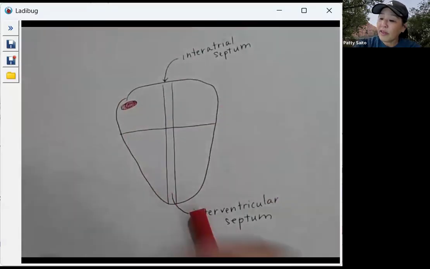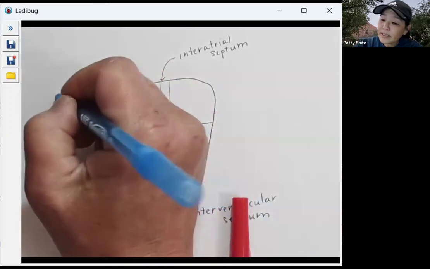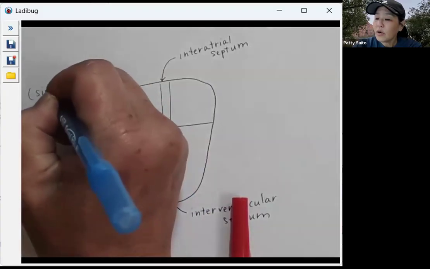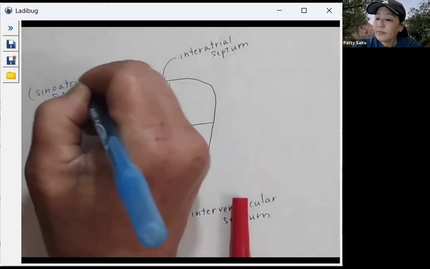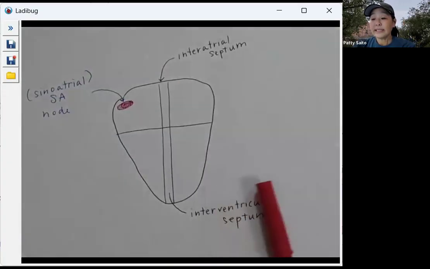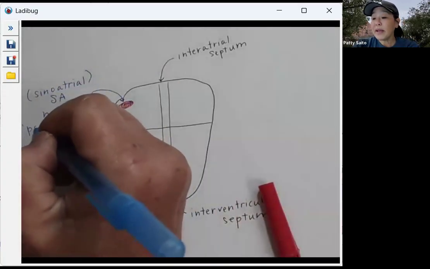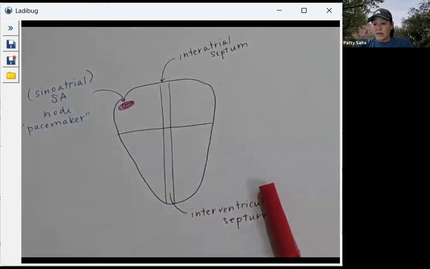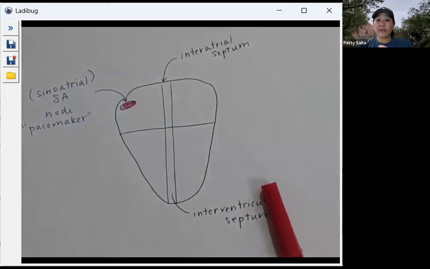So this is called the SA node, sinoatrial node. All right, the SA node is what we call the pacemaker of the heart. Its cardiac cells here have a little faster rate of contraction or conduction, right? So normally, let's say a cardiac muscle cell will contract at this rate.